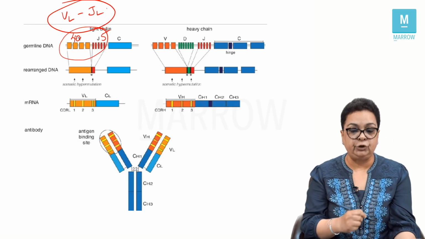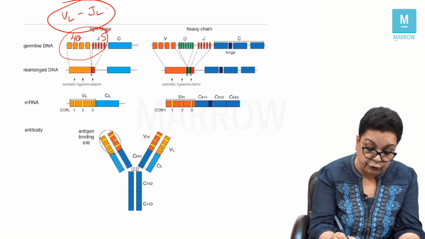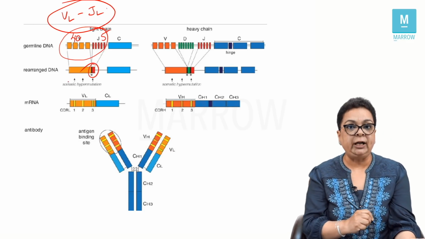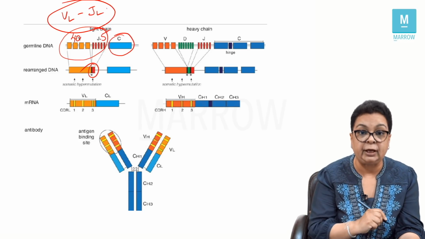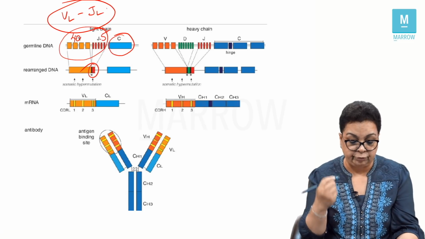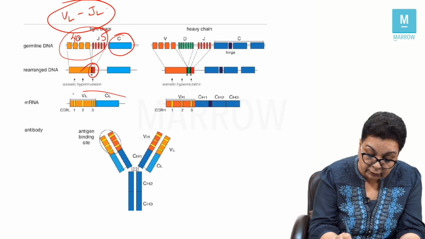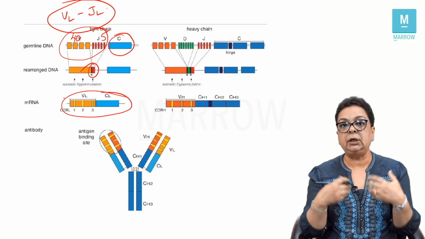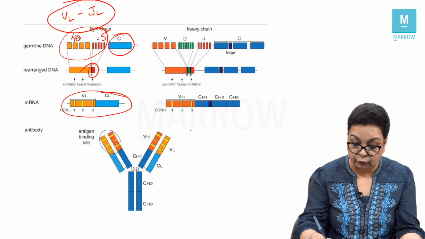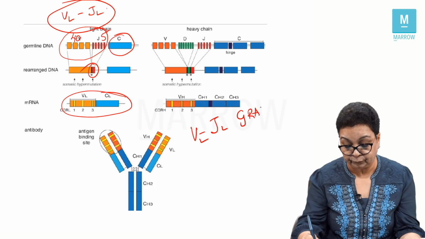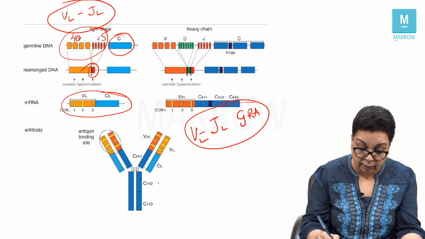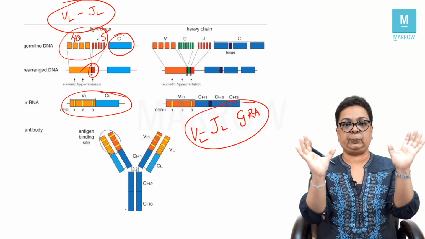Randomly, one of these genes will be selected, joined up with each other, and then joined up with the constant region gene, and we will have the complete gene for the light chain, right? So this is called VJ gene rearrangement, right? So that is our receptor expressed.